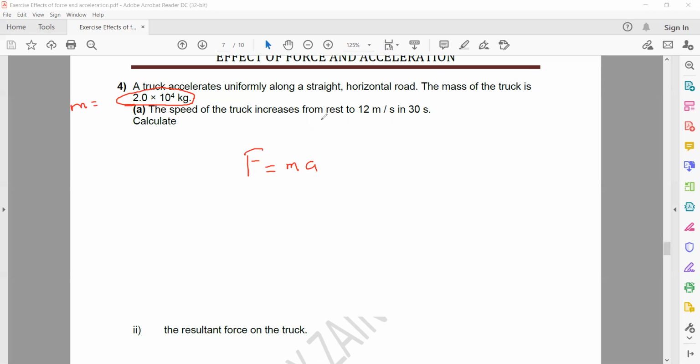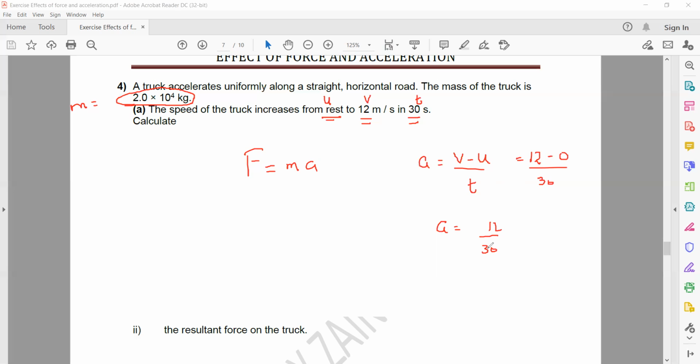We can find the acceleration as it starts from rest: the initial velocity is 0, the final velocity is 12, and the time it took is 30 seconds. Acceleration is the final velocity minus the initial velocity divided by time. So 12 minus 0 is 12, divided by 30.